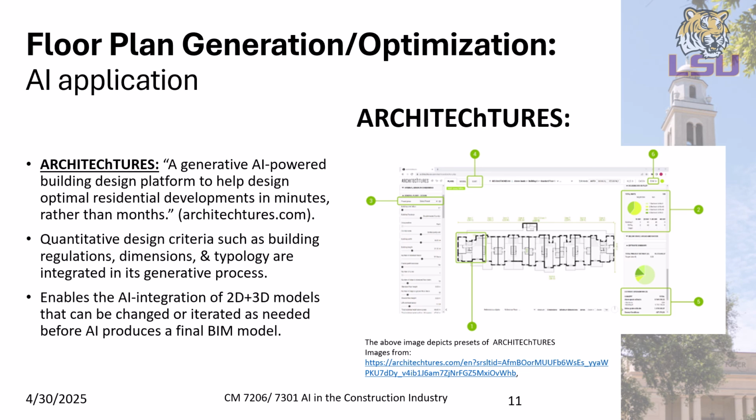Quantitative design criteria such as building regulations, dimensions, and typology are integrated into its generative process. This enables the AI integration of 2D and 3D models that can be changed or iterated as needed before AI produces a final BIM model.